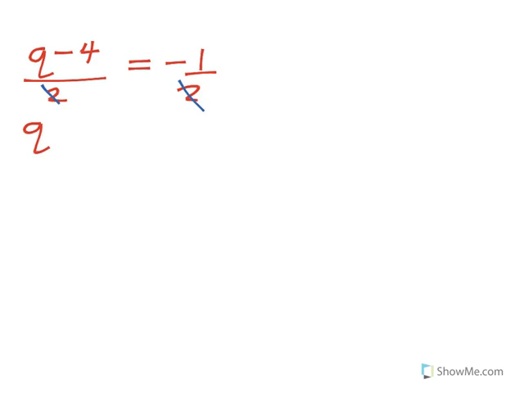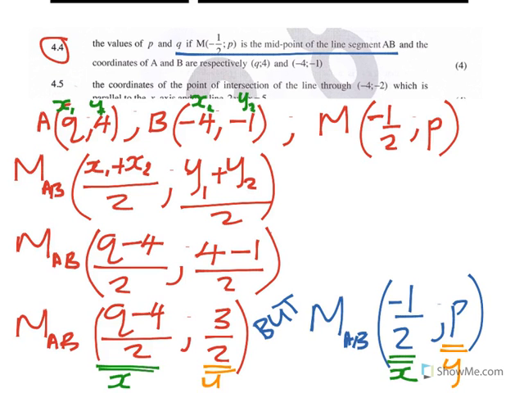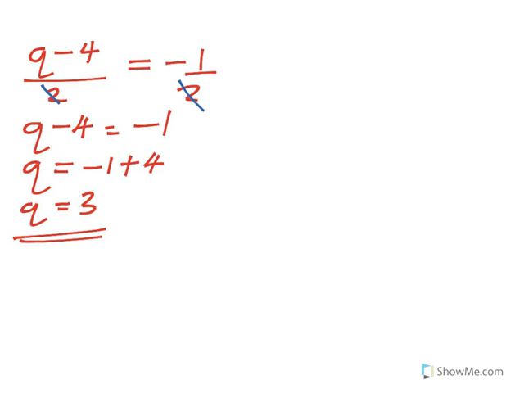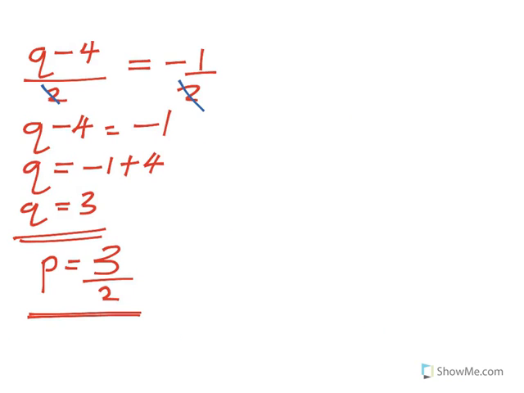In other words, you've got Q minus 4 is equal to minus 1, and Q is equal to minus 1 plus 4. And what is your Q? Q is equal to 3. Again, using observation, you can see 3 over 2 is equal to P. Therefore, P is equal to 3/2. So the question was determine the values of P and Q. So these are the values of P and Q.